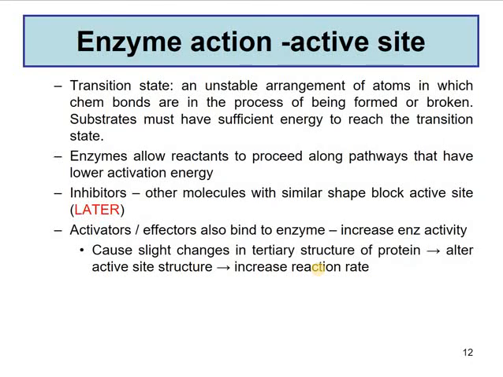But then it's actually blocking the actual substrate. And then you also have what we call activators. Activators also bind to the enzyme, and by binding to the enzyme, they increase the enzyme activity. So usually molecules bind at the active site. Most of the time they would take the active site, and then that's when the actual substrate cannot bind in there.